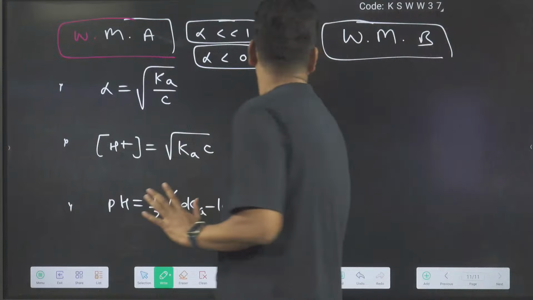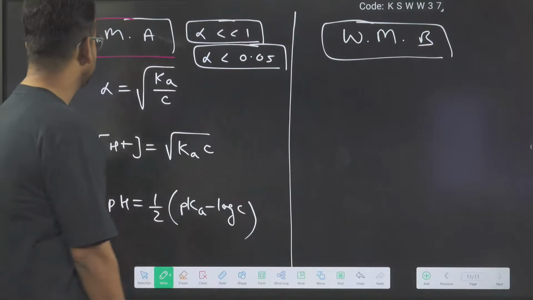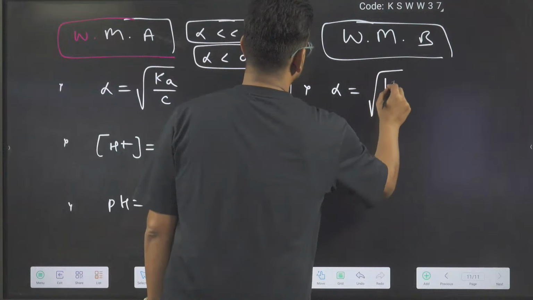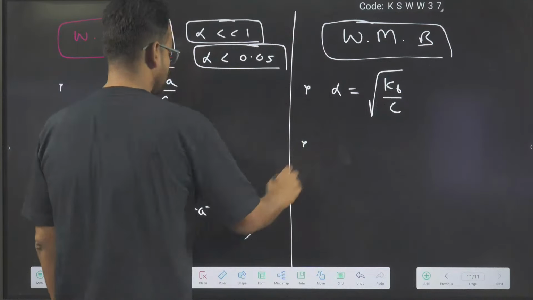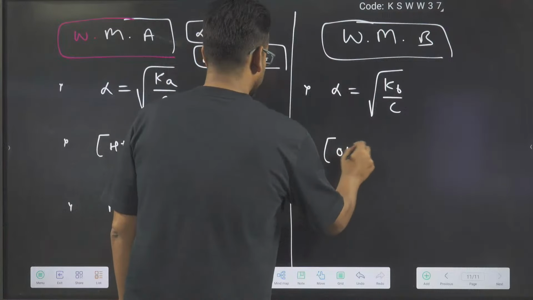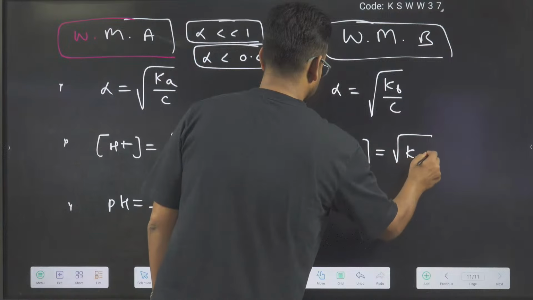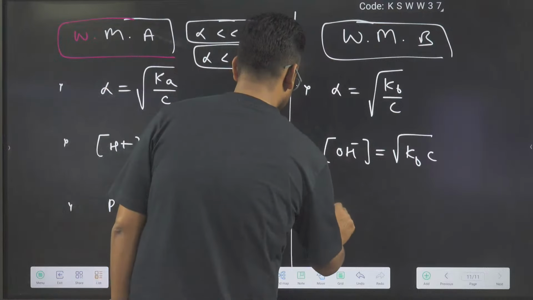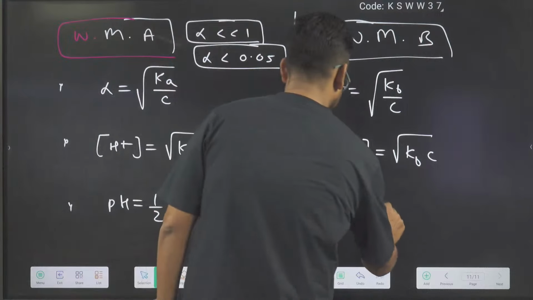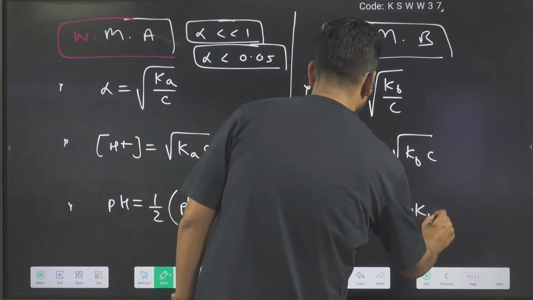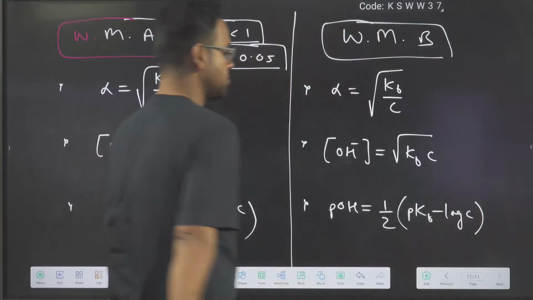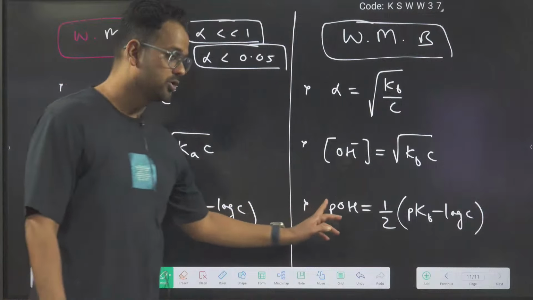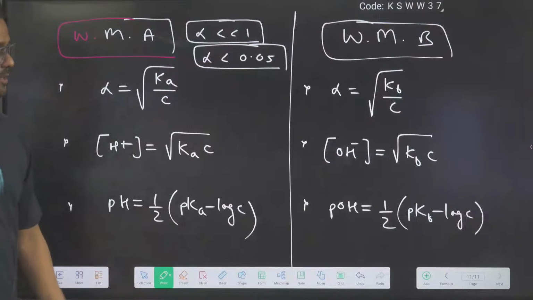Then, weak monoacidic base. Here also, you have alpha equal to under root Kb by C. Second formula, concentration of OH minus is under root Kb into C. Third formula, pOH is equal to half pKb minus log C. If you know the pOH, you can subtract from 14 and get the pH.